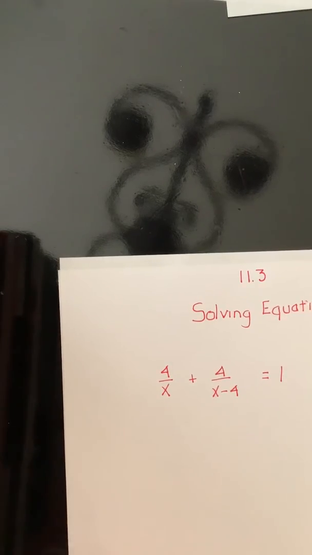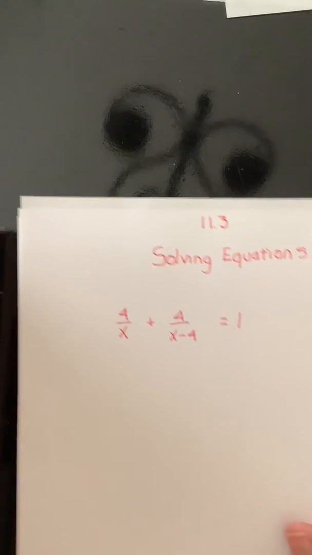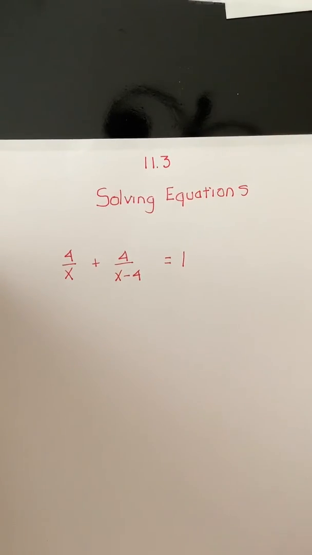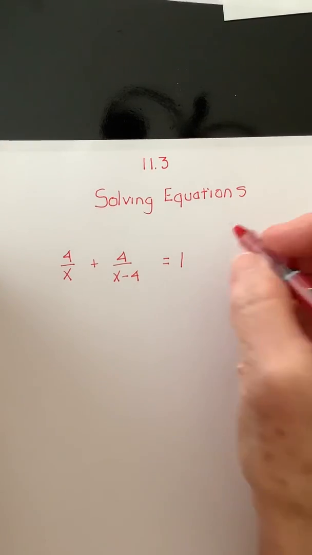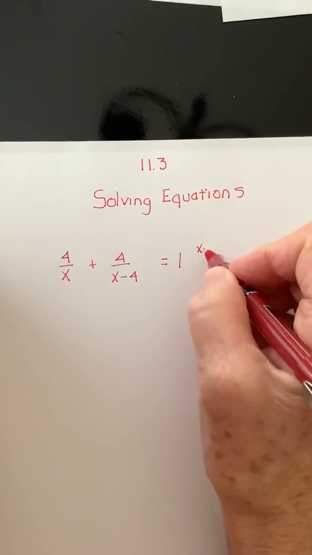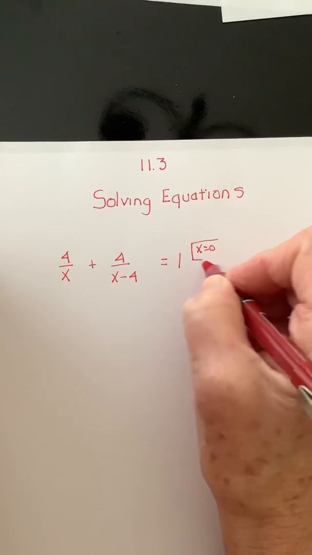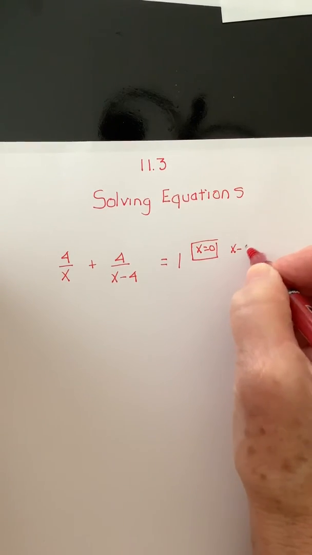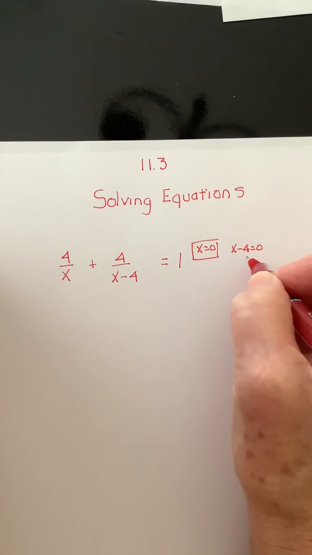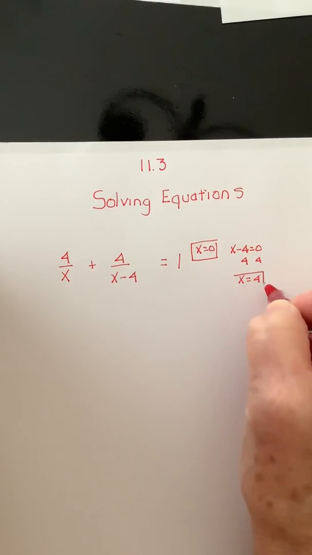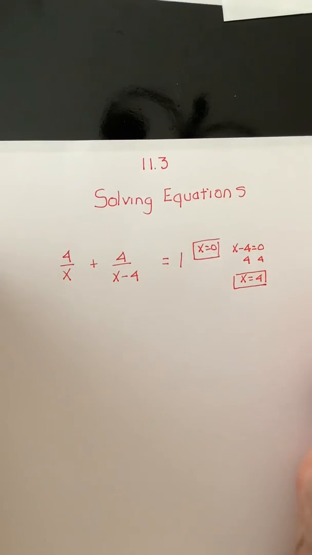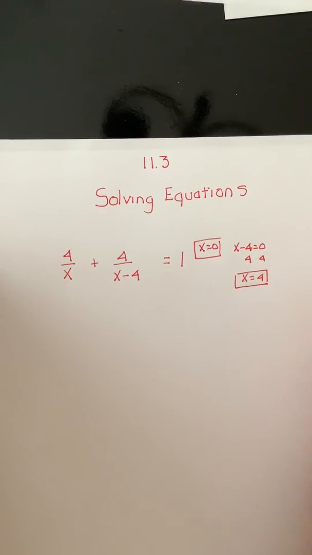Okay, so let's talk about our restrictions. Can y'all see this? It's 4 over x plus 4 over x minus 4 is equal to 1. So our restrictions, we're going to set x equal to 0. That's a restriction. We're going to set x minus 4 equal to 0. Solve, add 4 to both sides, and x is equal to 4. That's a restriction. Okay, so if we get either one of those for answers, it's not going to work.